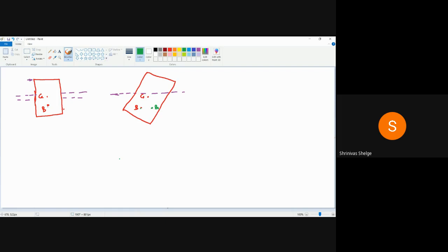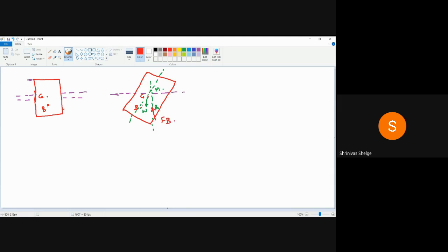How to define the metacenter? The line passing through B1 and the vertical line passing through G meet at a point, and this is the metacenter. Now there are two forces acting: at G, the weight is acting, and at B1, the buoyancy force is acting.